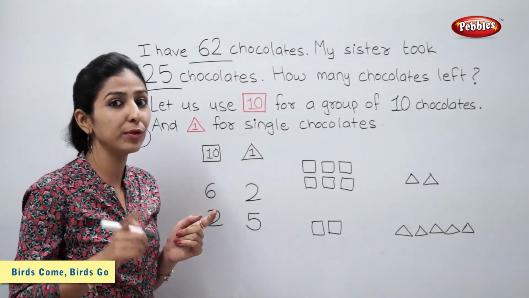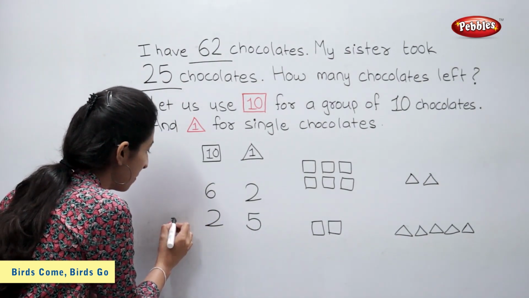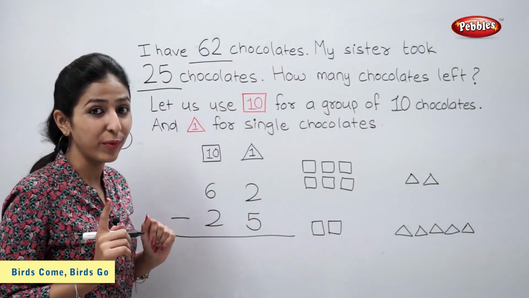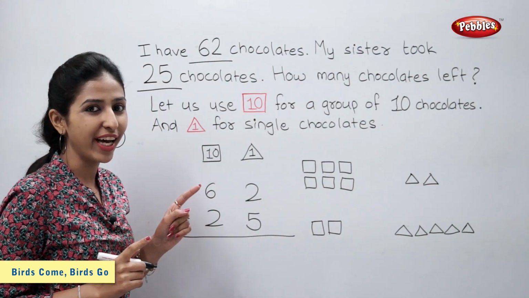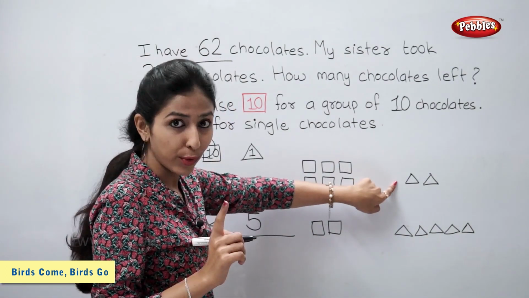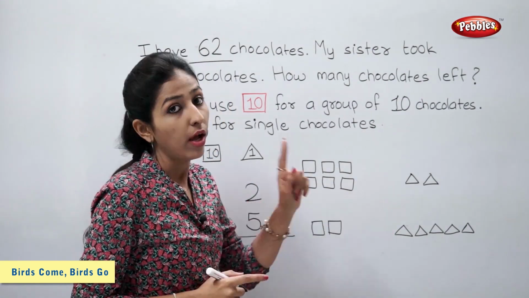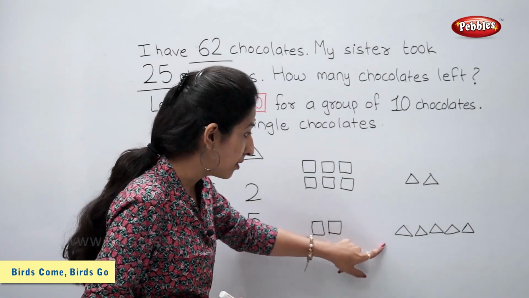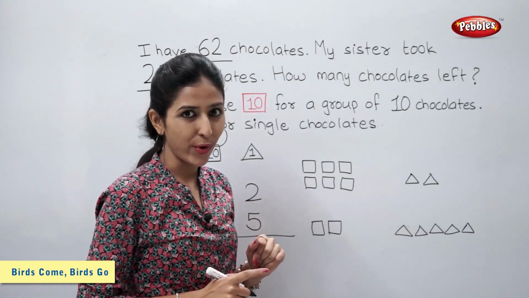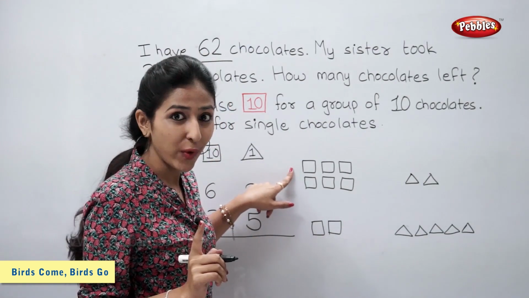So we will have to subtract. 62 minus 25 is equal to how much? Let's find out. 2 minus 5. Students, we cannot subtract 5 triangles from 2 triangles. So, I will borrow from a square.